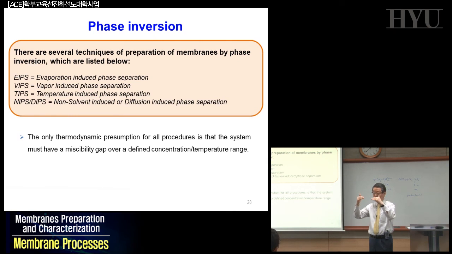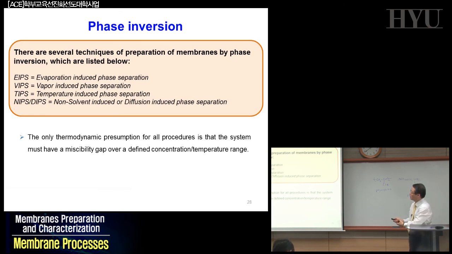If you decrease the temperature, it will be solidified, so you have a liquid and solid, critical region passing, or called the binodal region, so that you have a phase separation between the liquid phase and the solid phase due to the temperature difference. Okay? So that's what we call temperature-induced phase inversion or phase separation.